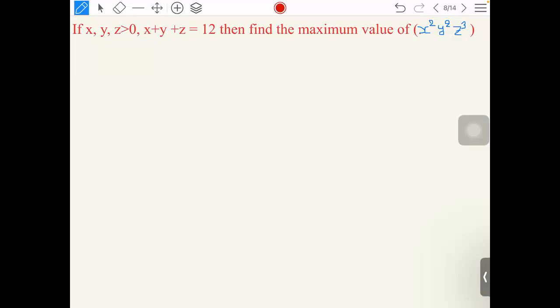And then finally we'll discuss a few questions which came in JEE Main this year and last year.